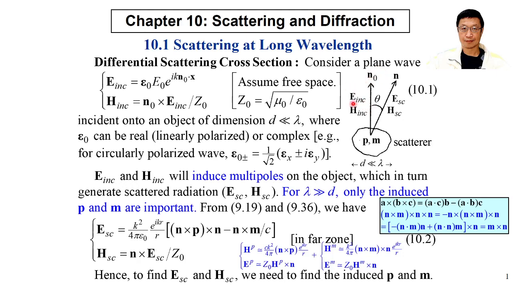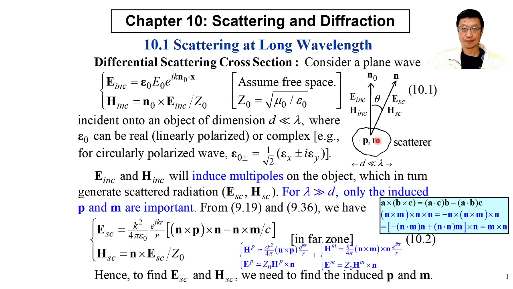Incident wave E, boldface E with subscript INC, incident, and H with subscript INC. Okay, we have E and H. That's the material here. And this E field will induce an electric dipole. The H field will induce a magnetic dipole.